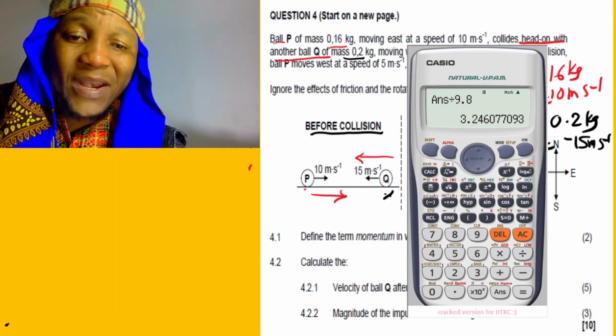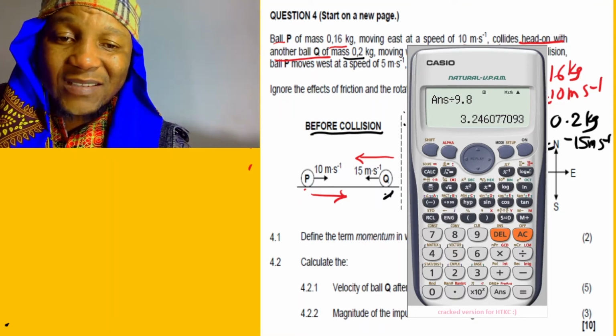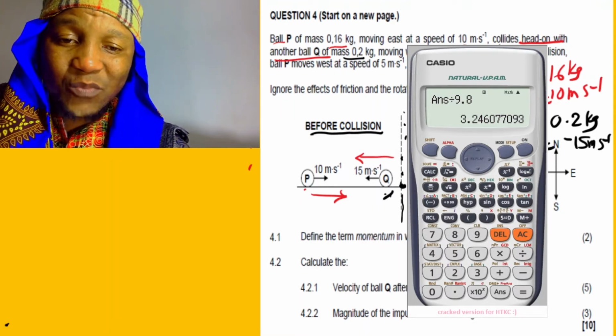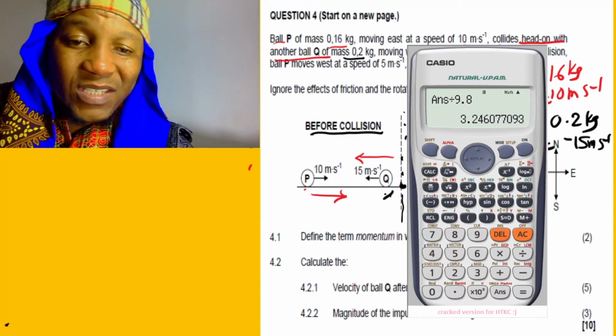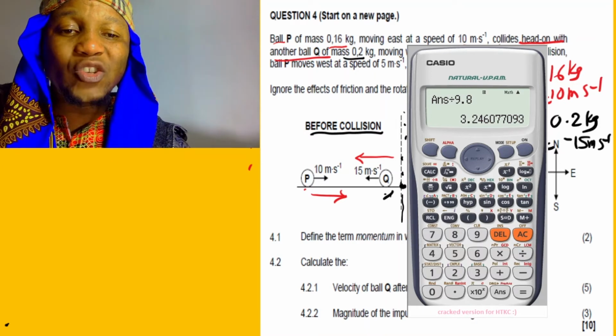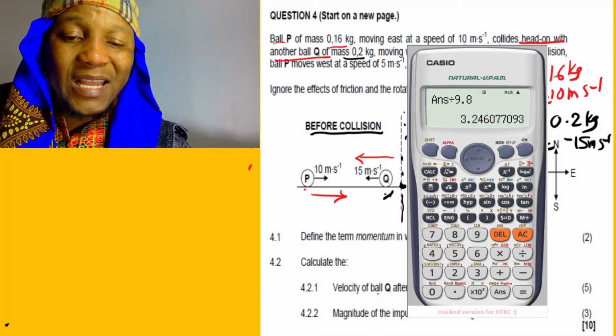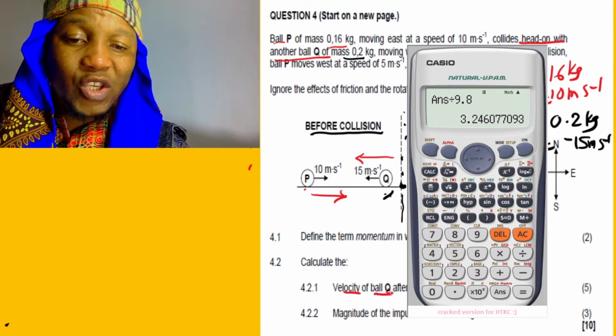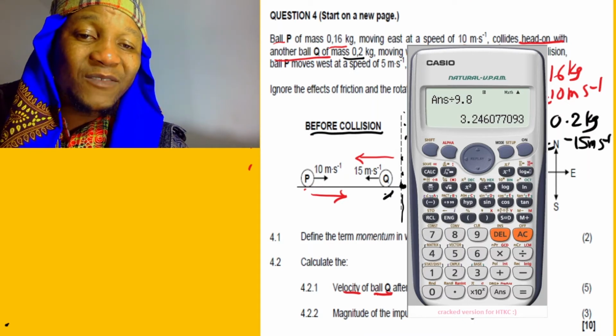Now we want to know what happened after they collide. After they collide, we see ball P starts to go to the left, but for ball Q we're not sure. That's what the question says: find the velocity of ball Q after collision, meaning after they have collided.